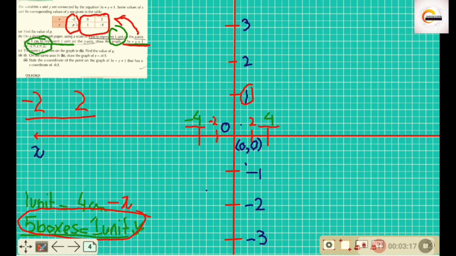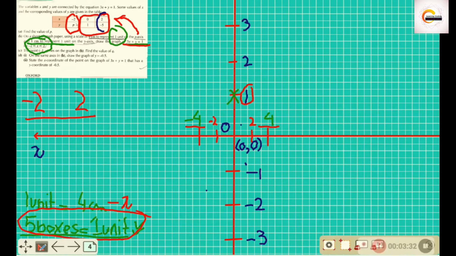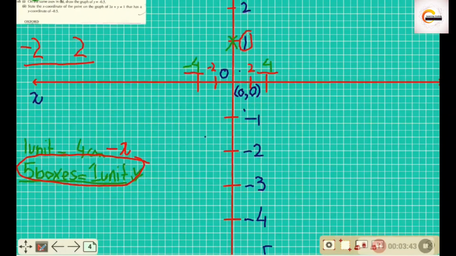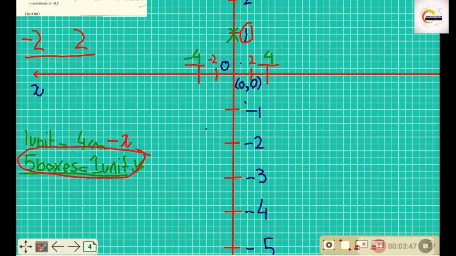So 0 and 1, 0 on x-axis and 1 on y-axis. So 0 and 1 is going to be here. I'm going to take 2 and -5 now, because I think it's a bit easy to plot. So where will this be? It's going to be somewhat, okay, now 2 and -5. This is our 2 and -5.